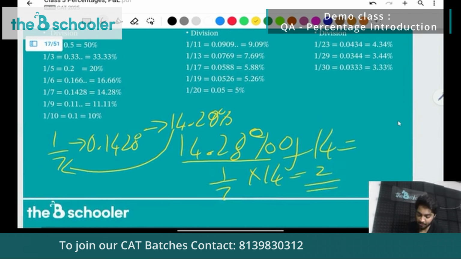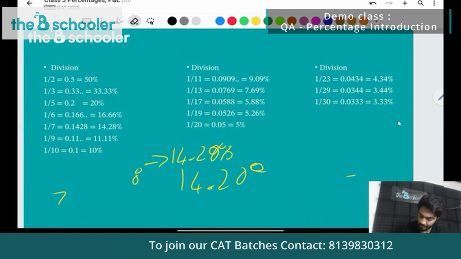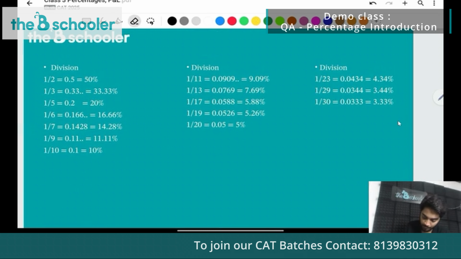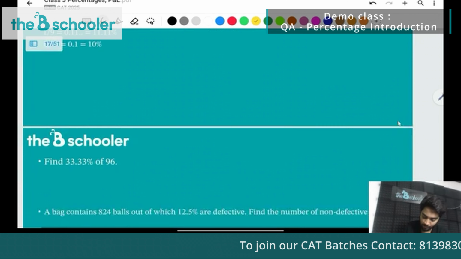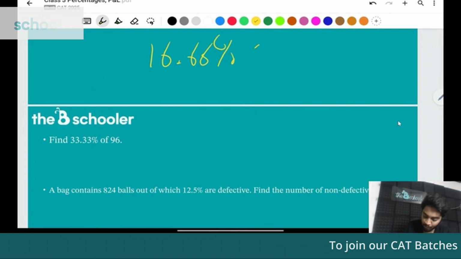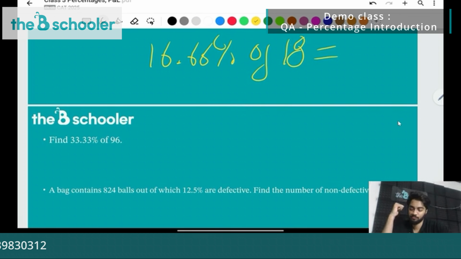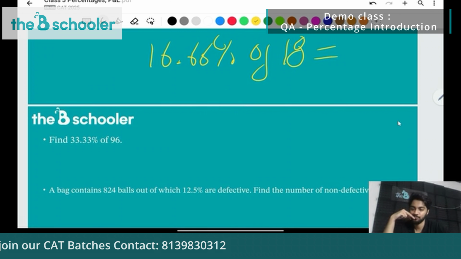Now did you understand the application of these reciprocals? What is 16.66 percentage of 18? Yeah.